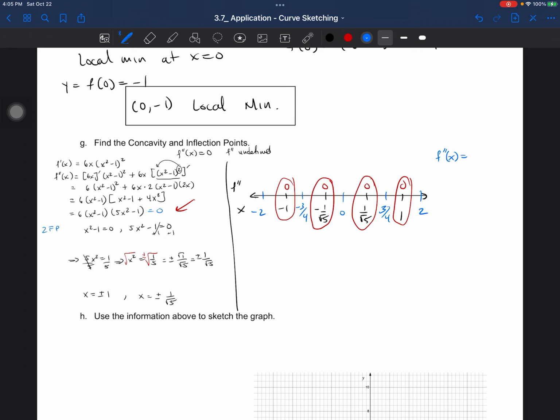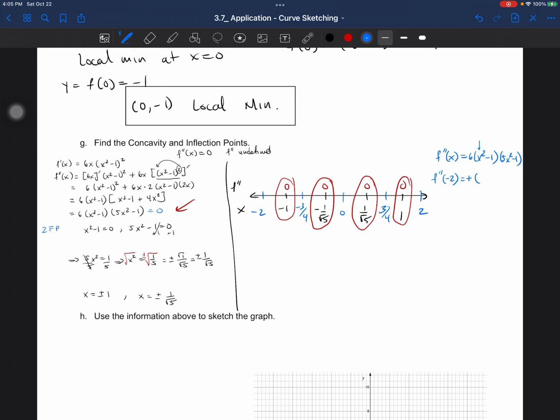So what is the actual function that we have to test? It's the second derivative of f, which is 6x times x squared minus 1 times 5x squared minus 1.